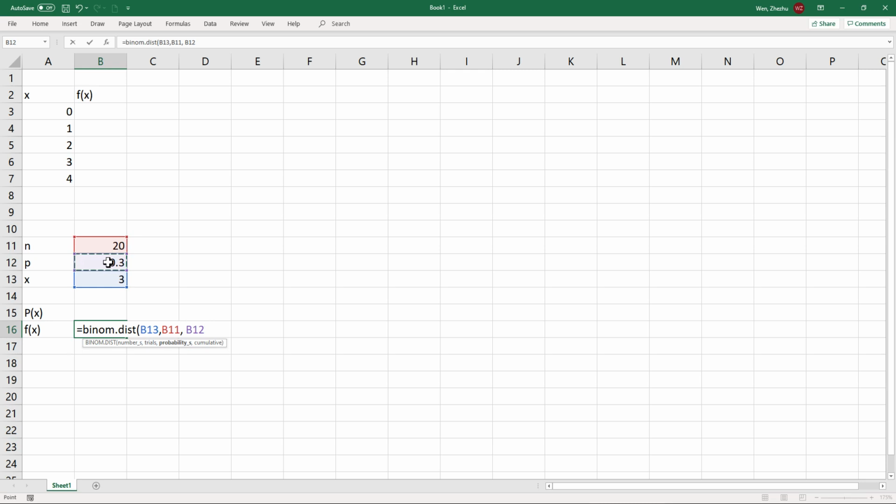Each time the chance of success is 30%, we're asking for non-cumulative, okay, false. This is a chance. So again, I suspect that I will go through in greater detail during the class with regard to this particular Excel formula. If you don't remember, I recommend you to go back and take a look at the recording, okay? But this is the formula you need to calculate the binomial distribution.